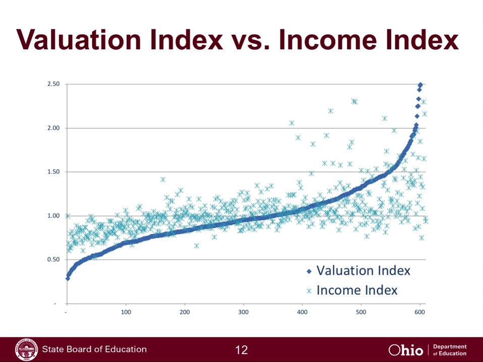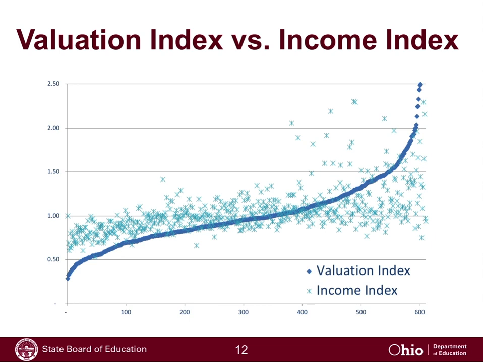So the districts who receive an adjustment because of their income are all of the districts where their income is below this blue line. And so we will increase the state share for the districts that have an income index that is less than their valuation index.